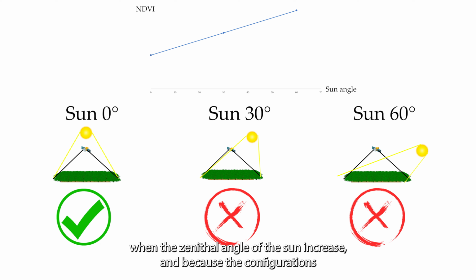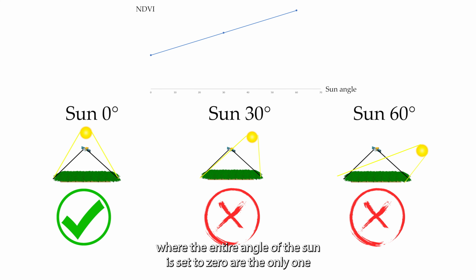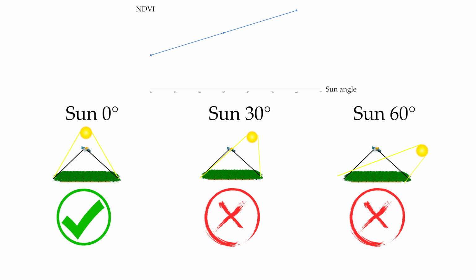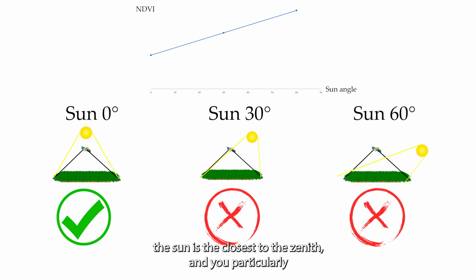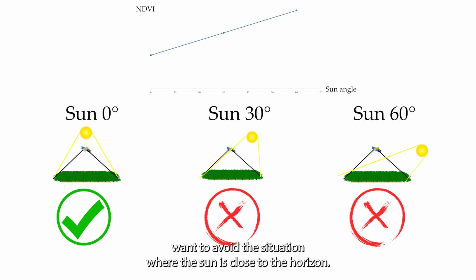And because the configurations where the zenithal angle of the sun is set to 0 are the only ones to show the green spots, they are the closest to reality, which means that in reality it is better, in the sense of more correct, to make measurements in the middle of the day, where the sun is the closest to the zenith, and you particularly want to avoid the situation where the sun is close to the horizon, which are the beginning of the day and the end of the afternoon.